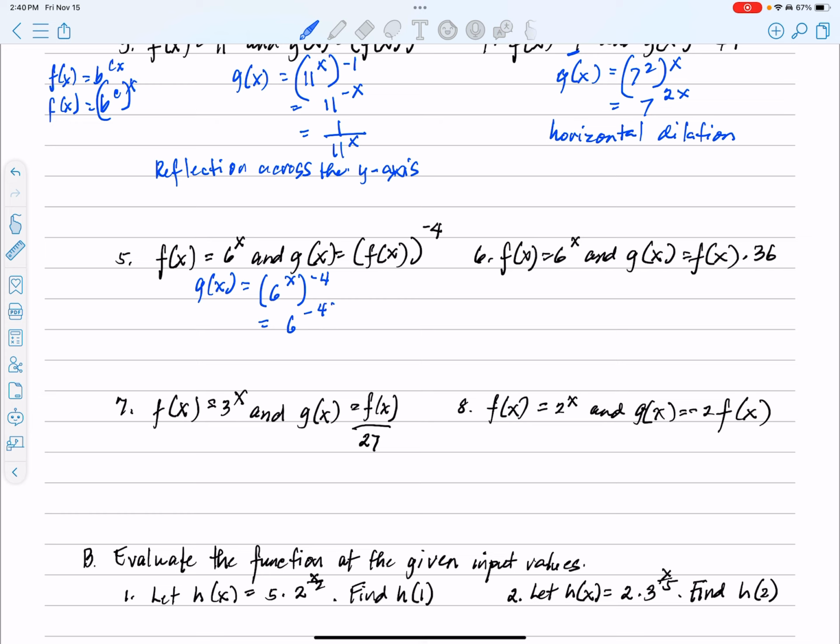And making your exponent positive by flipping it and getting the reciprocal, that would be 6 to the power of 4x. So there is a horizontal dilation, of course, in this case. And beside that, there is a reflection across the y-axis.